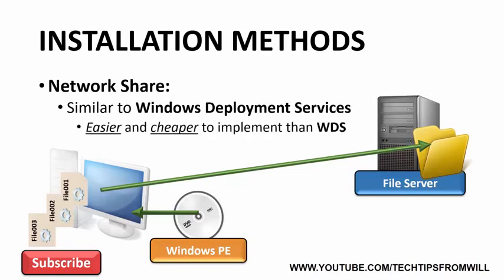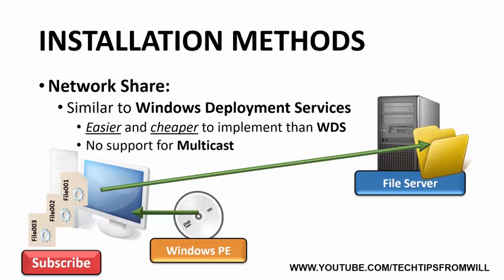Using a network share is also easier and cheaper to implement than Windows Deployment Services. However, there's one significant downside to using a network share. Network shares are only suitable for small environments that require just 1 or 2 installs. The reason for this is because, unlike Windows Deployment Services, installing from a network share does not support multicast.